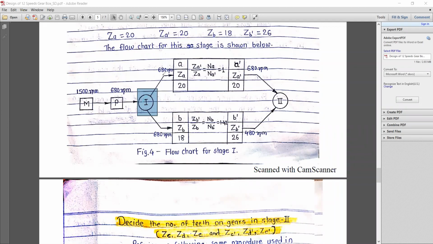Now 680 rpm will divide into two branches. The input is 680 on both, but the output will require one 680 and a second 480. The transmission ratio is 1:1, and we needed 1:1.42, but actually we get 1.44, that is a deviation.